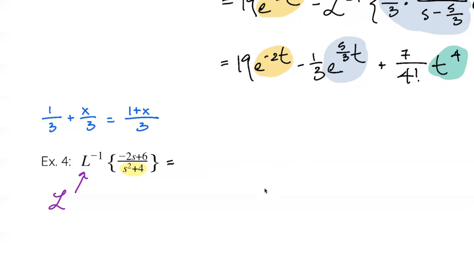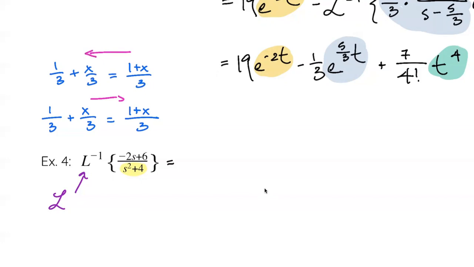We're so used to going in this direction that sometimes we forget that if we started with 1 plus x over 3, we could say that is the same as 1/3 plus x over 3, right? In other words, we could take one fraction and turn it into multiple fractions.